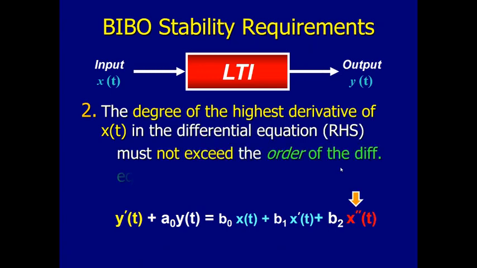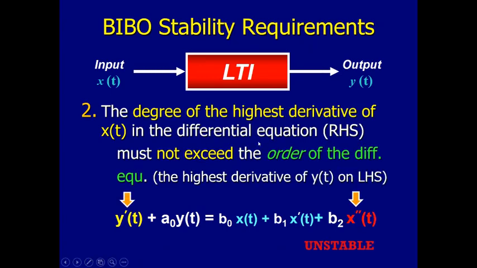The other problem we're looking for is we have to compare the highest degree of derivatives on the x side compared to the highest order derivative on the y side, the thing we call the order of the differential equation. For a stable system, the degree of the highest derivative of x cannot exceed the order of the differential equation, the highest order derivative of the y side, the left-hand side.